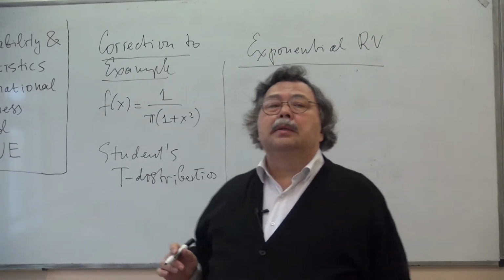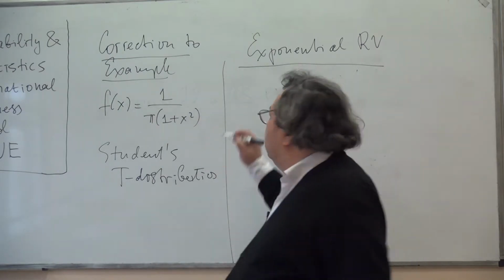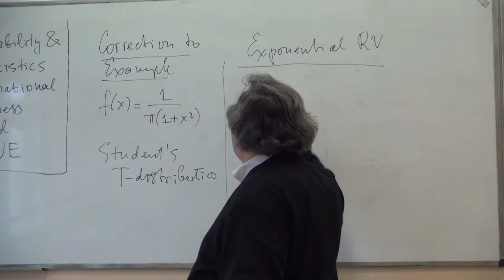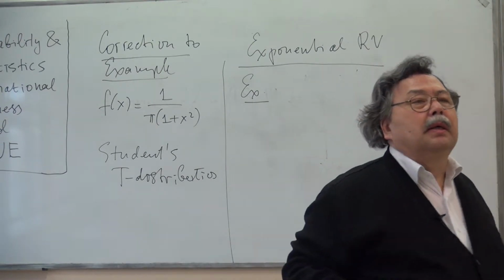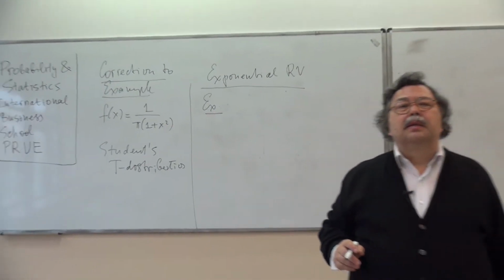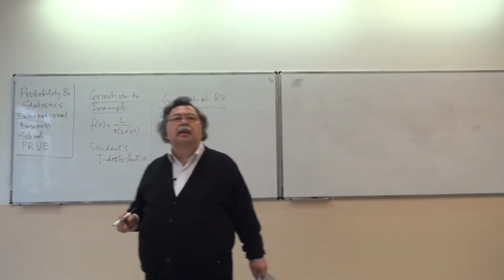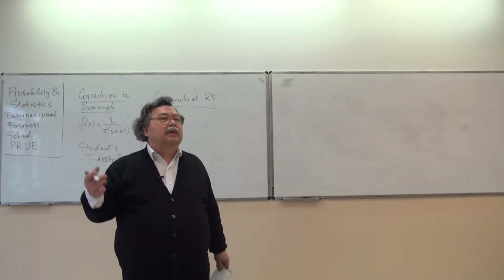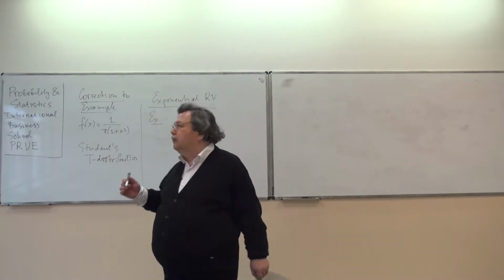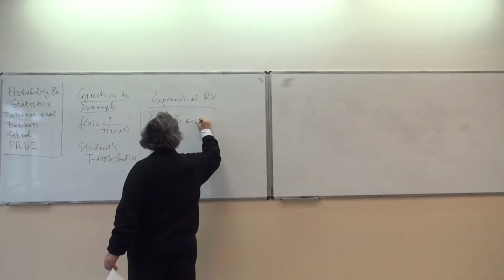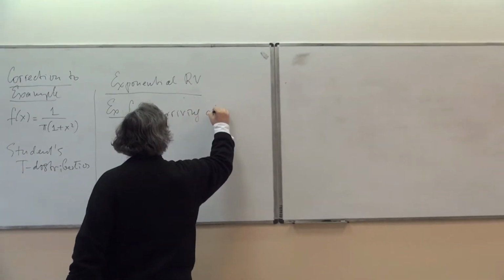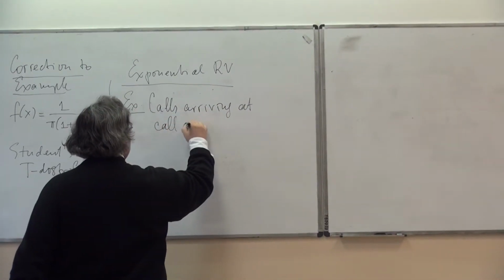I'll introduce it using an example. Suppose we're interested in the distribution of phone calls that arrive at a call center or at a service center. Calls arriving at a call center.